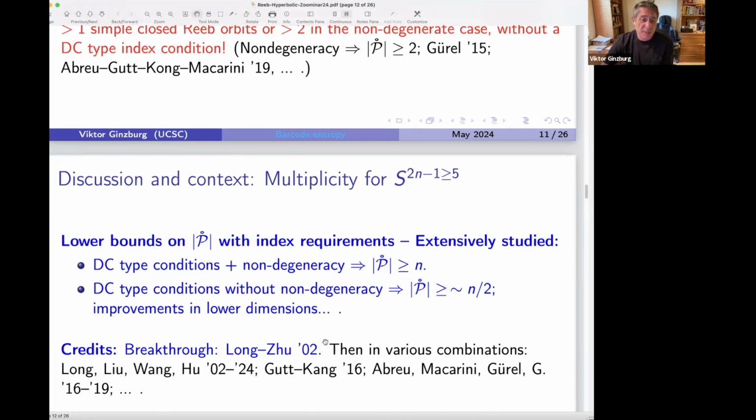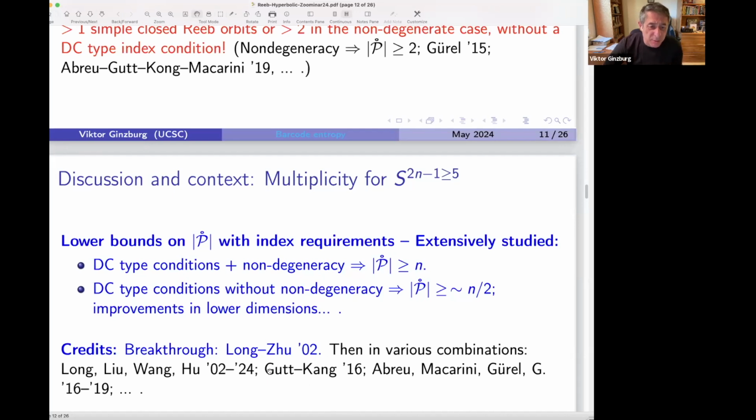The key breakthrough here was by Long and Zhu in 2002. They proved both of these lower bounds for convex spheres, but the argument essentially goes through for dynamically convex flows.